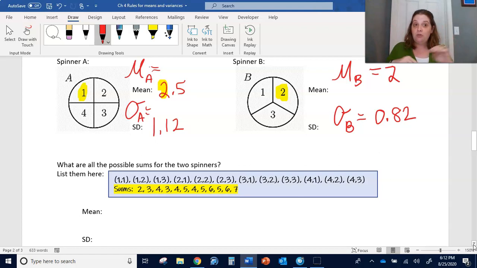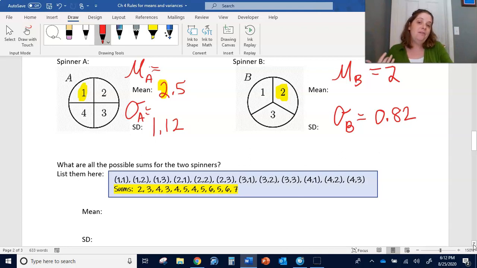That gives me 4 times 3, 12 different possible combinations of the spinners. So 1 and 1 give me 2, 1 and 2 give me 3, 1 and 3 give me 4, etc. Those are my 12 different possible sums.